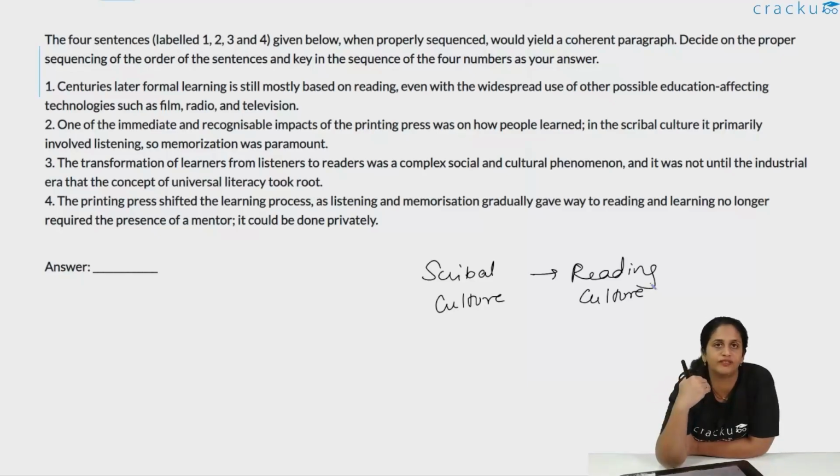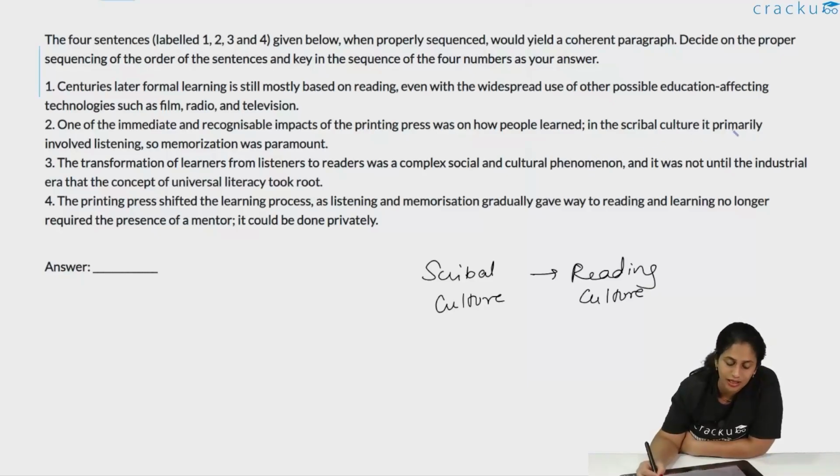This is the kind of teaching we had before the printing presses were there. There would be somebody speaking, the other person would be listening, and that is how knowledge transfer took place. So in this kind of scribal culture, it involved listening, so memorization was paramount because you had to memorize everything that you heard. So this is the older culture, and this required a mentor.